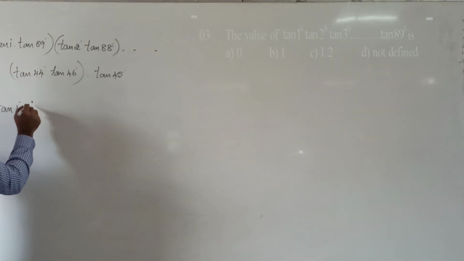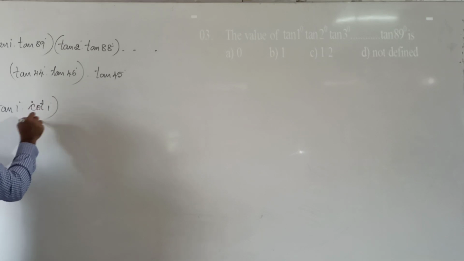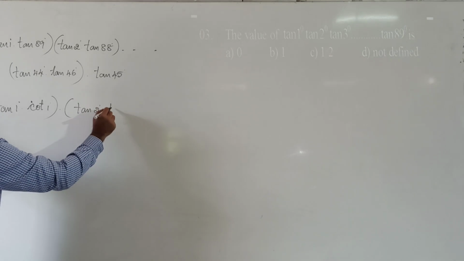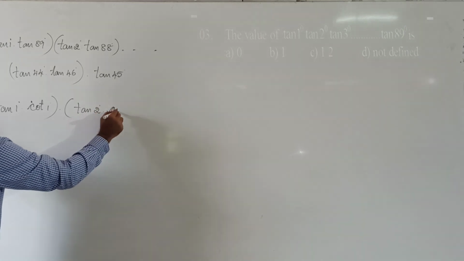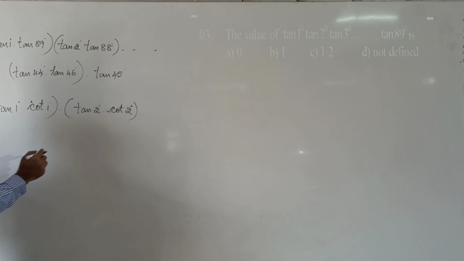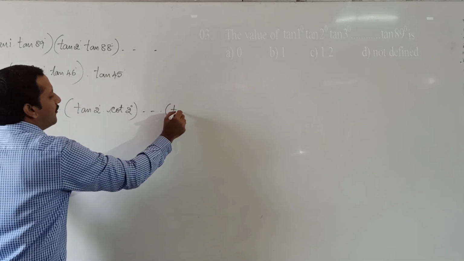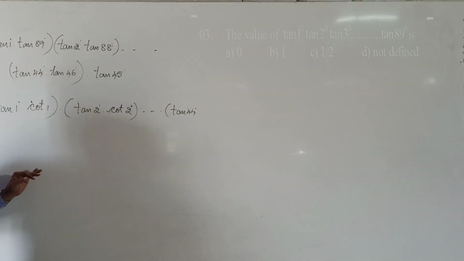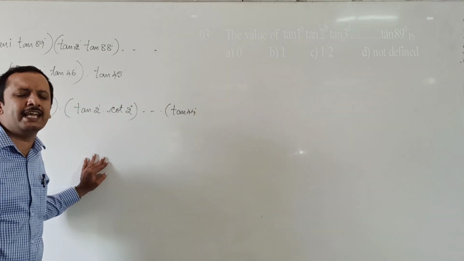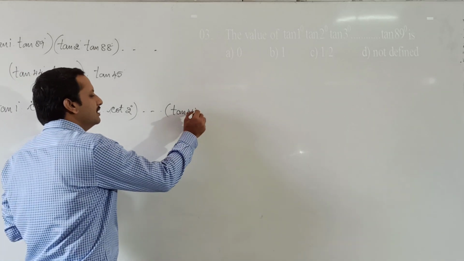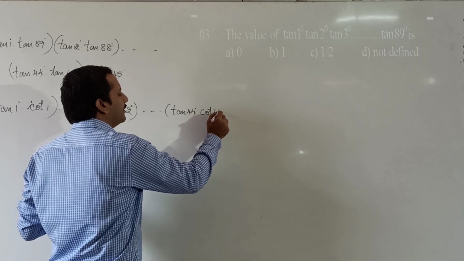Tan 1 degree into cot 1 degree into, similarly tan 88 I can write as cot 2 degree, because I am writing 88 degree as 90 minus 2, and so on. This tan 44 degree I will keep as this, and here tan 46 degree is there. I am writing tan 46 degree as tan (90 minus 44 degree), which will give us cot 44 degree.